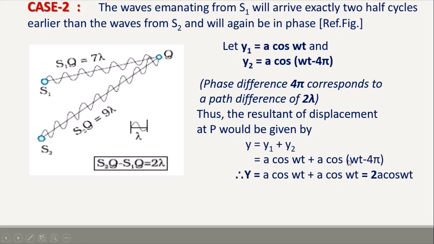But here cos of omega t minus 4 pi, according to trigonometry, is equal to cos omega t. You can cross check by applying the trigonometry. If you add both, then you get again 2a cos omega t, which clearly indicates that the displacement of the resultant wave has been increased.